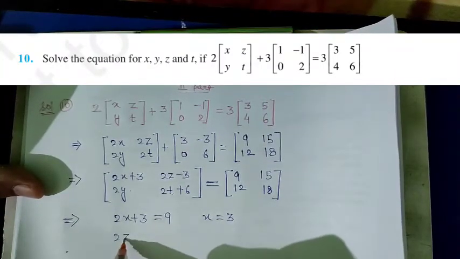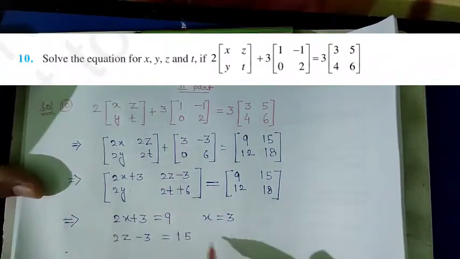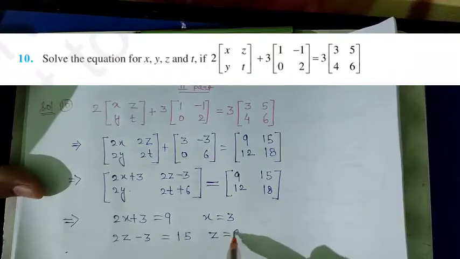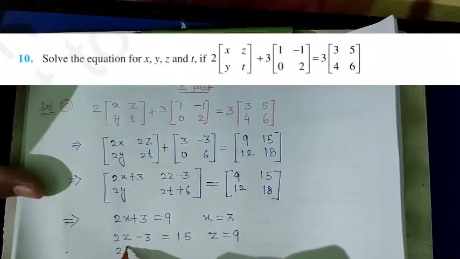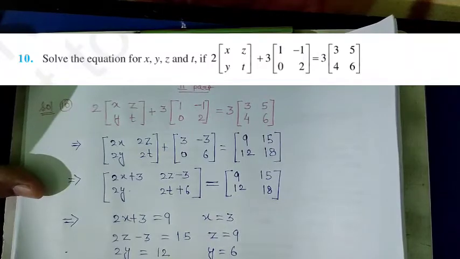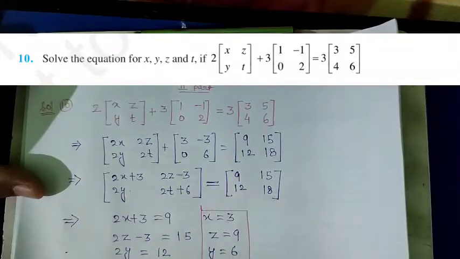Similarly, 2z minus 3 is equal to 15, so z will be equal to 18 upon 2, 9, and 2y equal to 12 will give y as 6, and 2t plus 6 equal to 18. So t will be 12 upon 2, means 6. In this way we can get the answer.